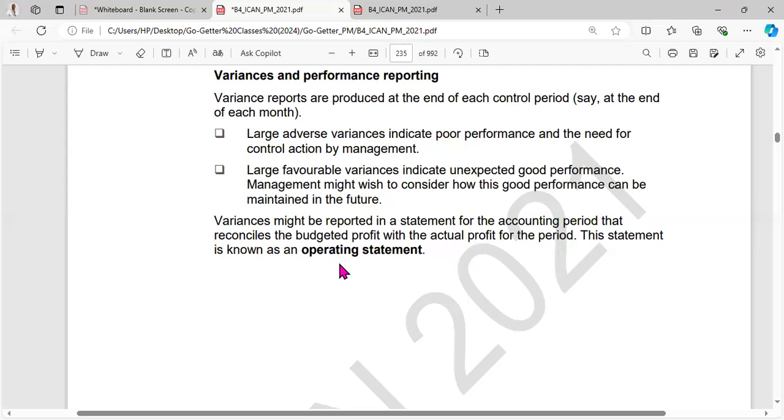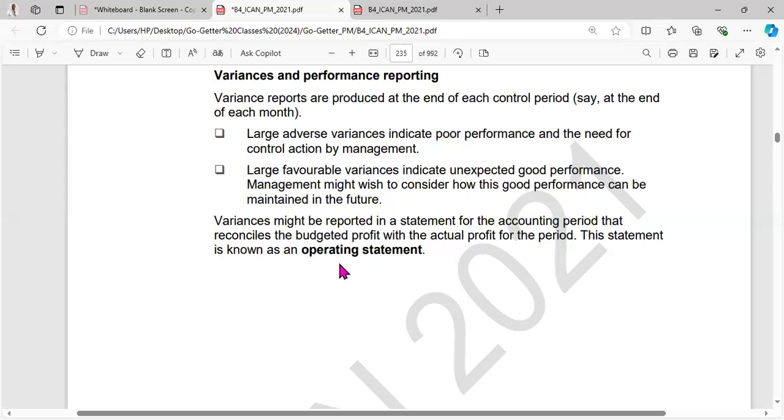Sometimes a question can come and they give you the standards, and they will give you the budgeted quantity and budgeted sales. Then they will give you the actual results.